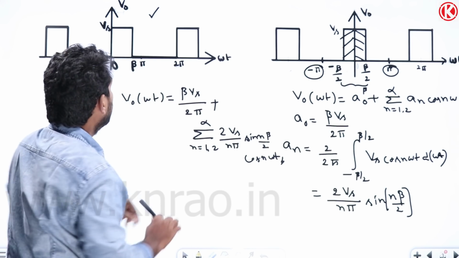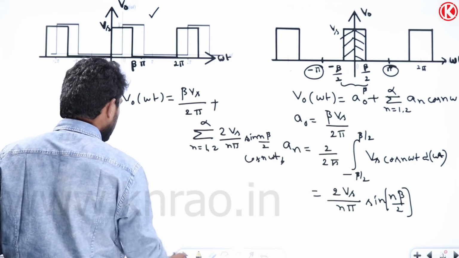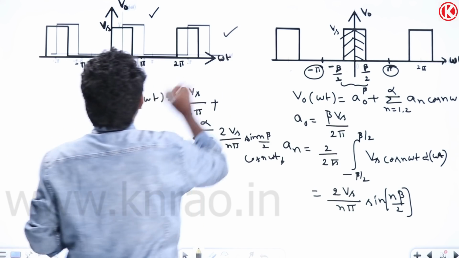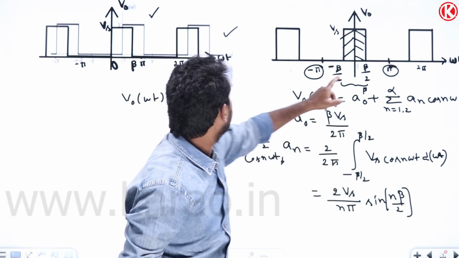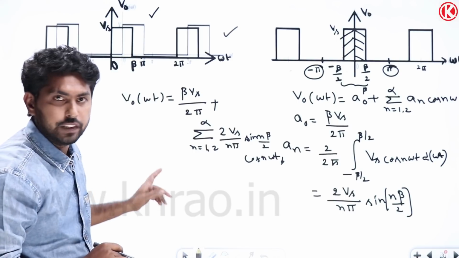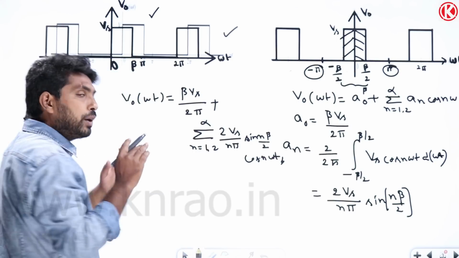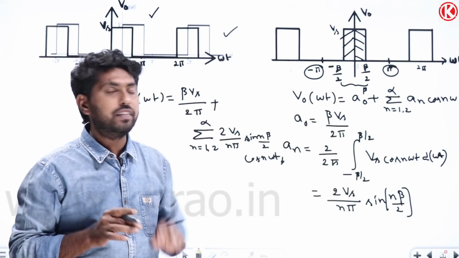So this waveform will be left shifted or right shifted by beta by 2. Because of the shift, the Cn value will not change, only the phase value will change.